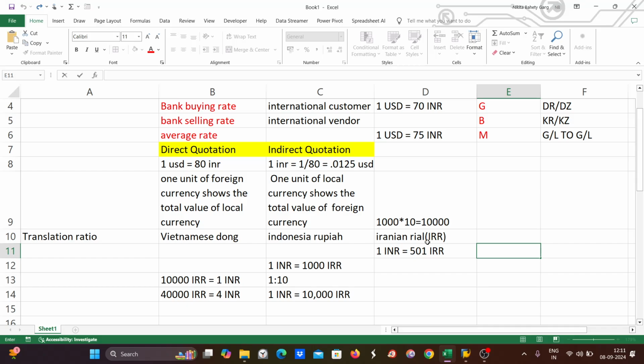You can give this example as well: take a hypothetical situation where 1 INR equals 10,000 IRR. Now SAP does not accept a 5-digit code; SAP accepts 4 digits before the decimal and 5 digits after the decimal. So the rate we can maintain is 1000.